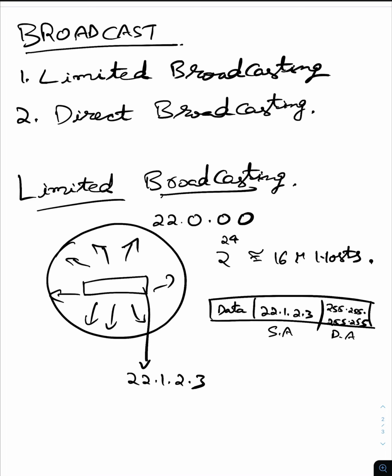The advantage here is you could send your data packet using unicast to all other hosts, but suppose you have 16 million hosts. If you use the unicast way, you have to send your data packet to all the 16 million hosts. So you would have 16 million data packets, each from your source address to each of the destination hosts, with 16 million destination addresses.